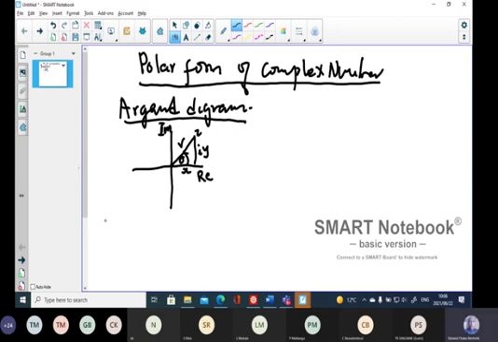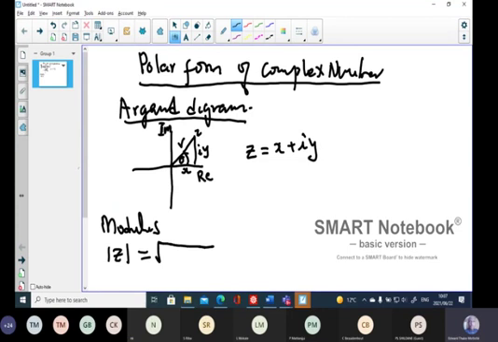Now here, we can calculate what we call the modulus. Remember that we have Z equals x plus iy. The modulus of Z is equal to the square root of x squared plus y squared. So that will give you the modulus.